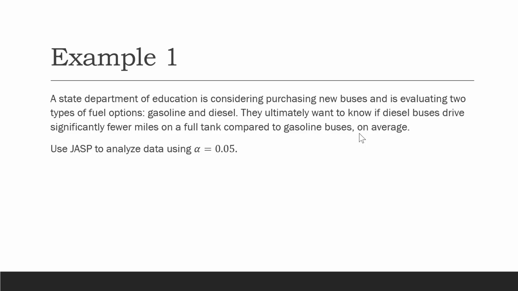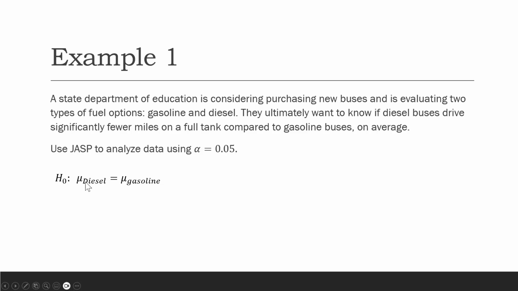So the null hypothesis is that the number of miles that diesel buses can drive is equal to the number of miles that gasoline buses drive on average in the population. So that would be mu sub 1 equals mu sub 2. Now note here, instead of saying 1 and 2, I just put the words that my samples or my groups represent, diesel and gasoline.